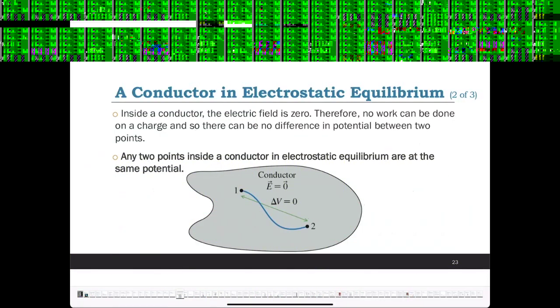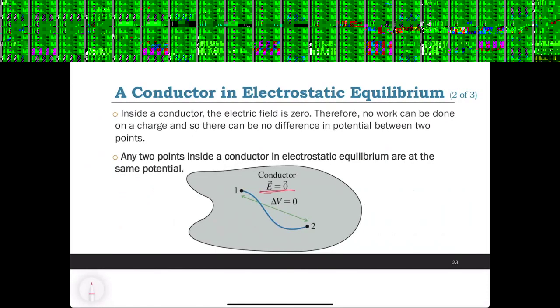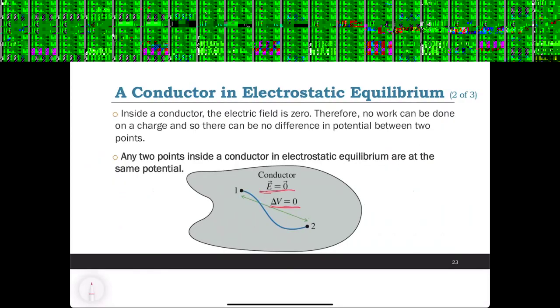You can see inside a conductor, the electric field is 0. Therefore, no work can be done on a charge, and so there can be no difference in potential between 2 points. The potential difference is also 0. Any 2 points inside a conductor in electrostatic equilibrium are at the same potential.